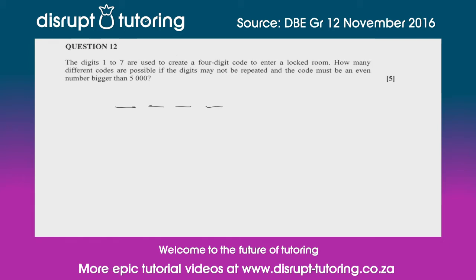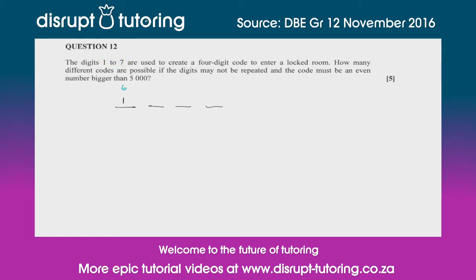If that is the case, we have several different scenarios. In the first case, the first digit could be a 6, so that's only one possibility. Let's change that color. So that's if the digit is a 6. Then we know that it must end in an even number.